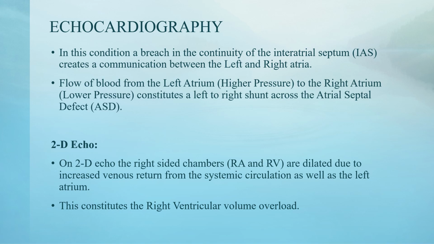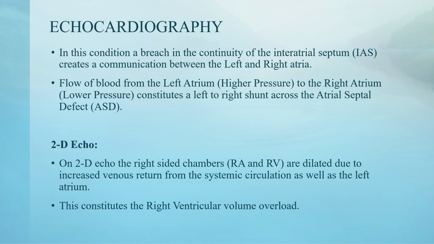As we have seen earlier, an ASD is a condition in which there is a break in the continuity of the interatrial septum that creates a communication between the left atrium and the right atrium. The blood flows from the high pressure area, the left atrium, to the low pressure area, the right atrium, which constitutes a left to right shunt, where oxygenated blood mixes with deoxygenated blood.